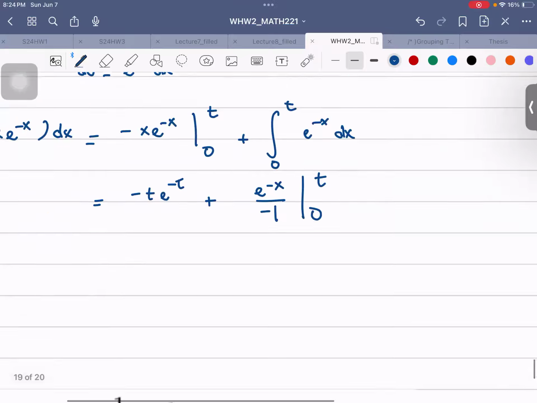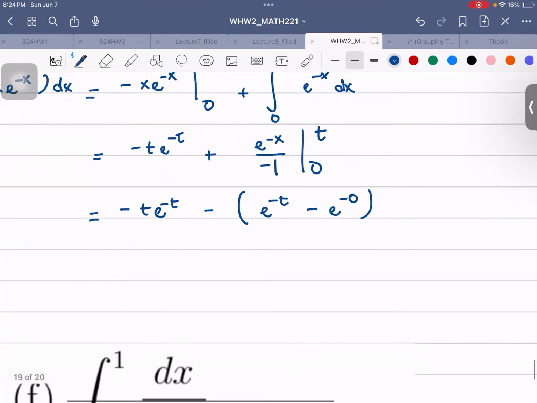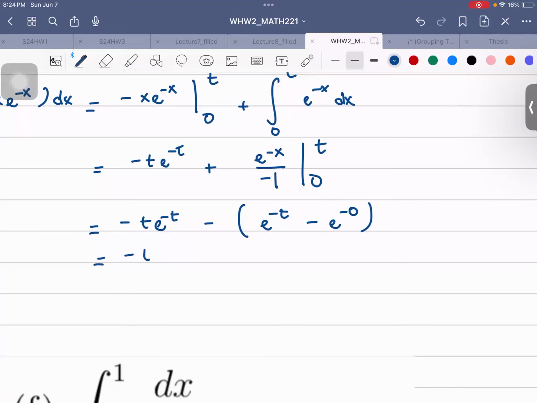From 0 to t, you plug in the values, you have a negative sign over here. You have e to the negative t, subtract e to the negative 0. So negative t e to the negative t, minus e to the negative t. e to the negative 0 is 1, so you have plus 1 because of the minus sign.